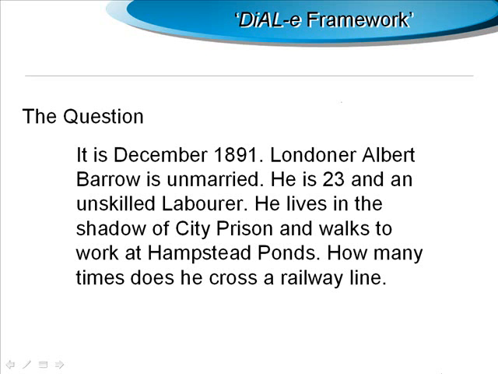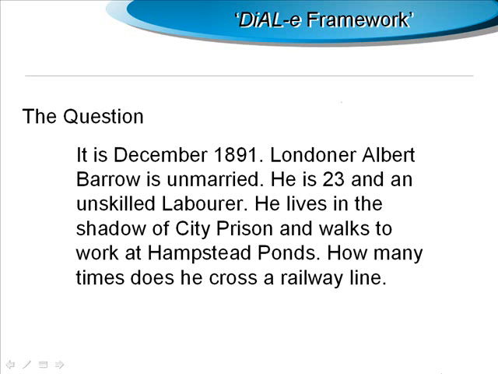And we've suggested he lives in the shadow of City Prison, although we haven't actually said where City Prison is. There may be a clue in the fact that Albert's a Londoner. And another clue in the fact that he walks to work at Hampstead Ponds. There may be more than one Hampstead Ponds in the country, but possibly not within walking distance of City Prison, and perhaps not for a Londoner. And the question might seem overly simplistic. So how many times does he cross a railway line?